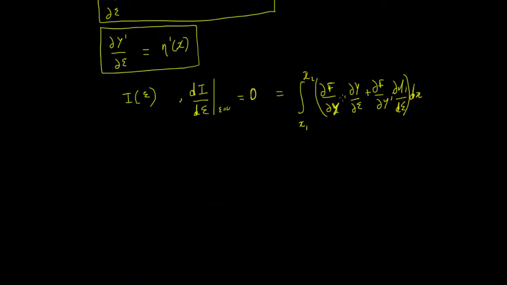Now we've noted partial y by partial epsilon we'll work out here as eta of x.